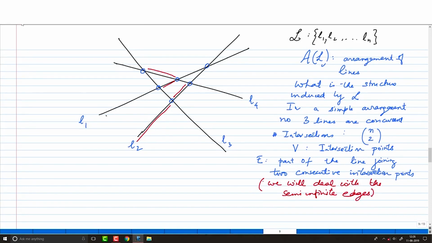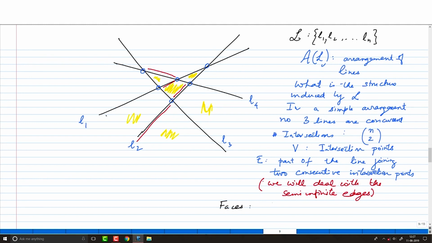Before that, let me mention what the faces are. So again, it is a planar graph, right. So now this is a face. Is this visible? That is a face, this is a face, this is a face, and when it comes to some of these faces, these are not bounded faces, because for the same reason that the edges are semi-infinite, these faces are unbounded. But still let us live with that, and let us see how to deal with it.